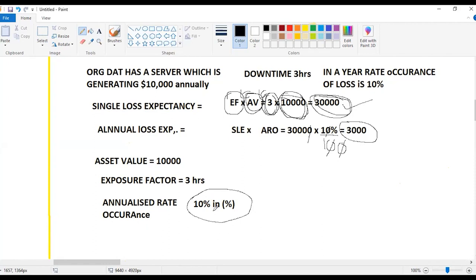You calculate how many times your server faced the downtime. Let's just say three times, thrice, and the thrice comes in this 10%. So you're going to multiply this 10% with the SLE.